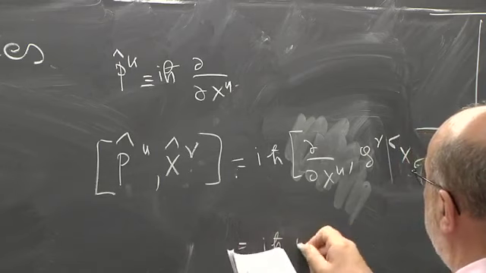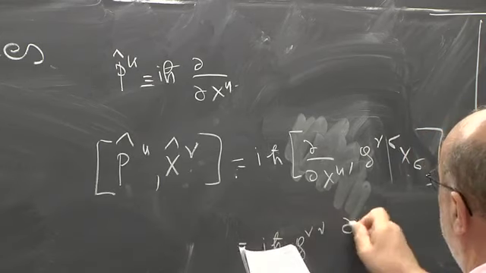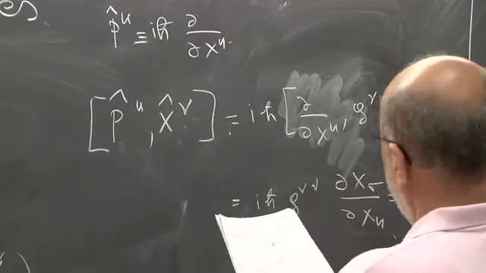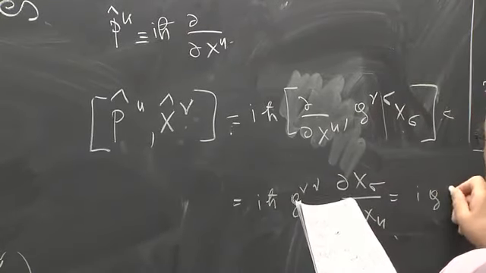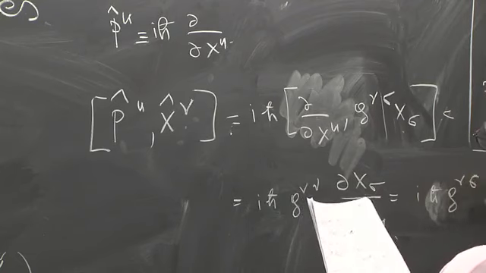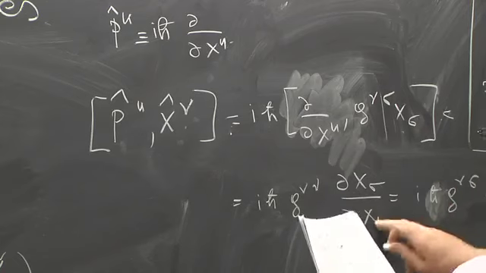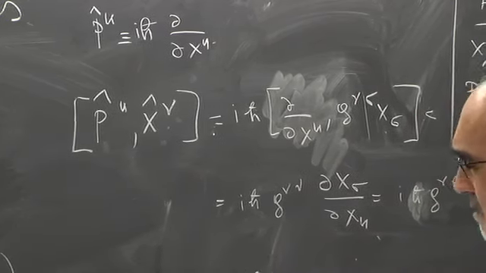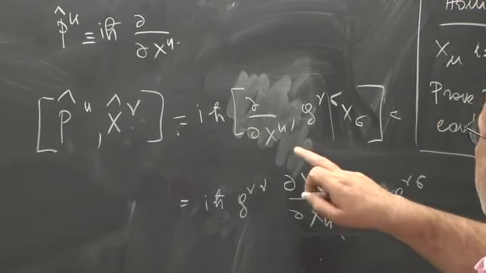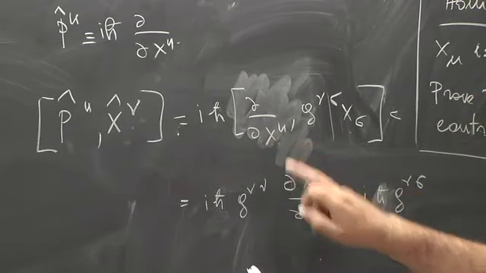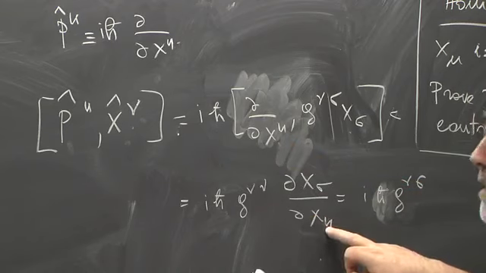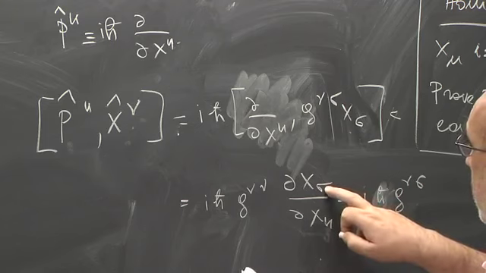This object is h bar g nu sigma dx sigma over dx mu, and this is i h bar g nu sigma, and I have to divide this by this. There is something I did wrong here. Yeah. Now, you see this object that is down, you can say, how do you define an object that is down with an object that is up?